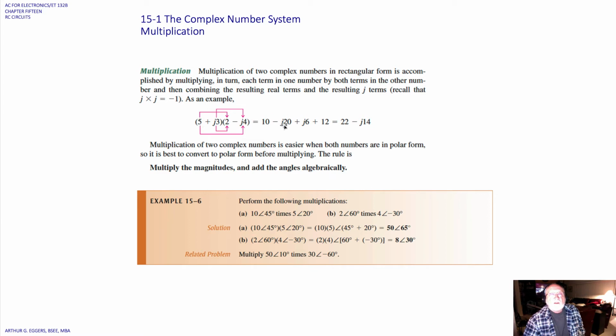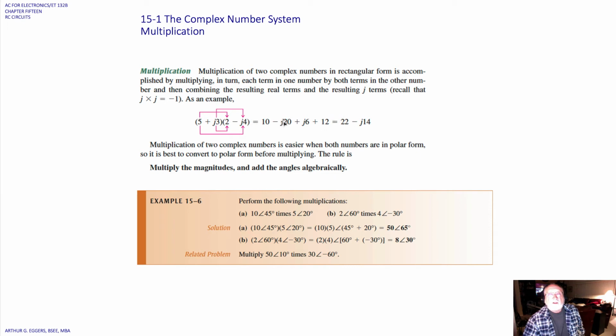Then 5 times j4 gives minus j20, and j3 times 2 is j6, and then we combine our j terms with j4 times j3, which gives 12. So when you multiply them out, you end up with 10 minus j20 plus j6 plus 12.